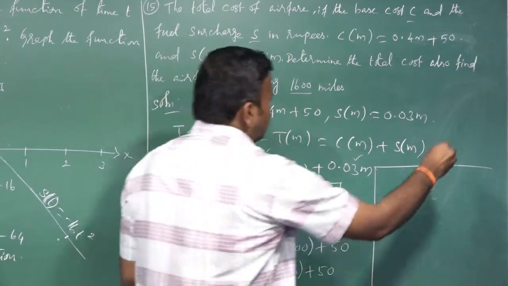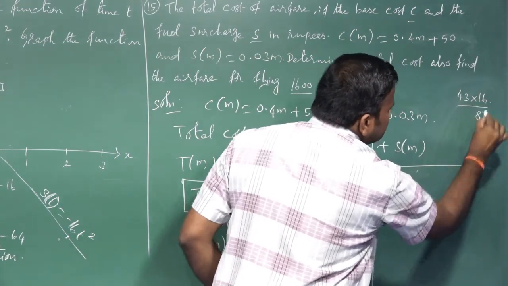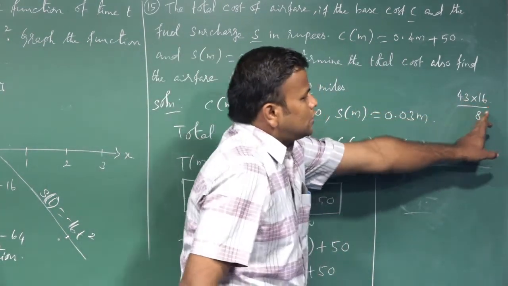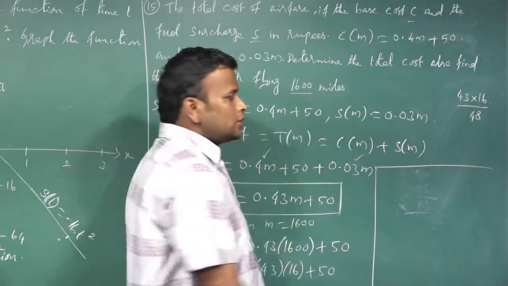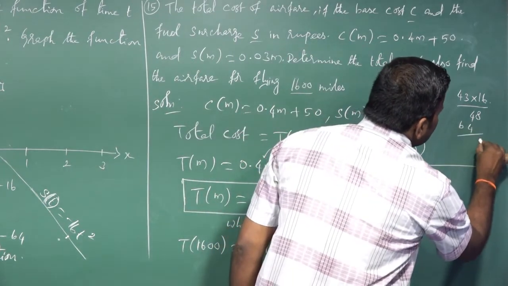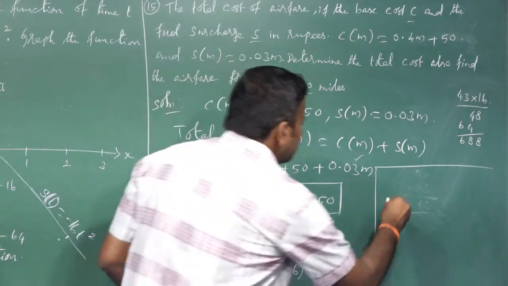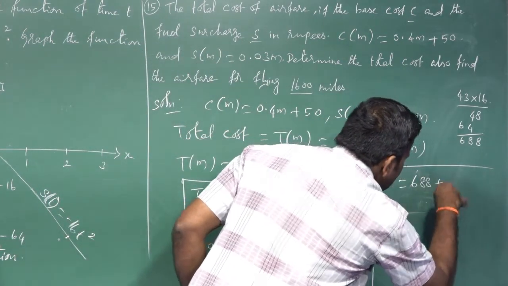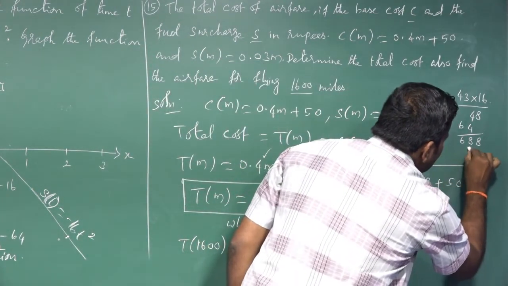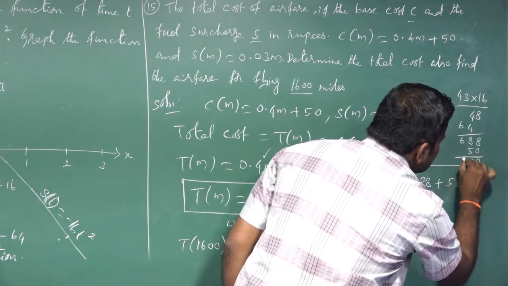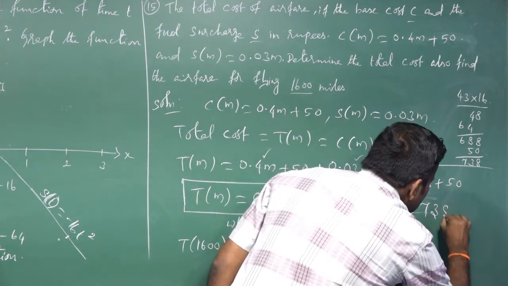Now I multiply 43 into 16. 3 8s are 24... 3 6s are 18, 8 remainder 1. And it is 4. 4 6s are 24... 4 16s are 64, so 688. 688 plus 50: we add here 50, 8, 3, 7, so 738.